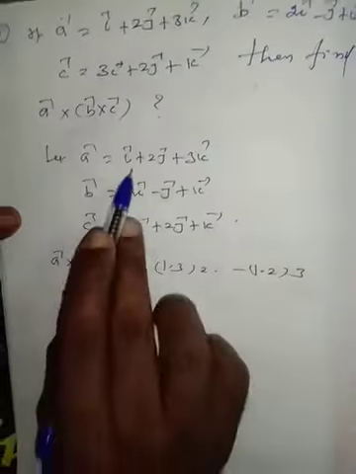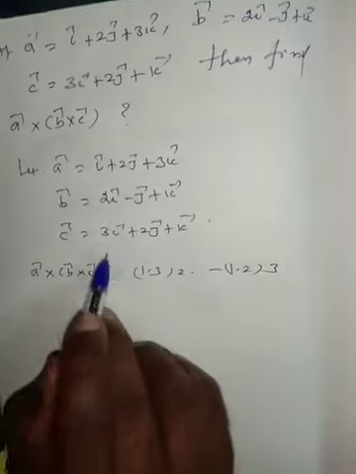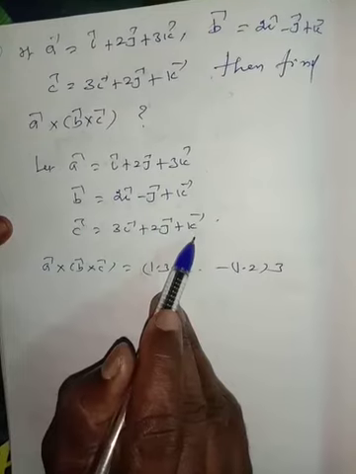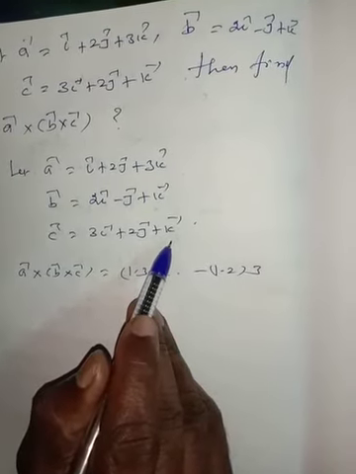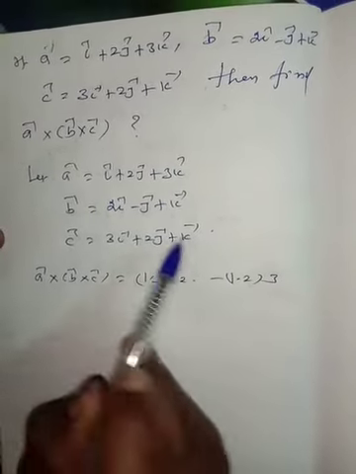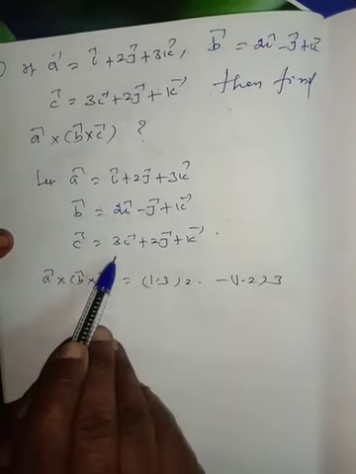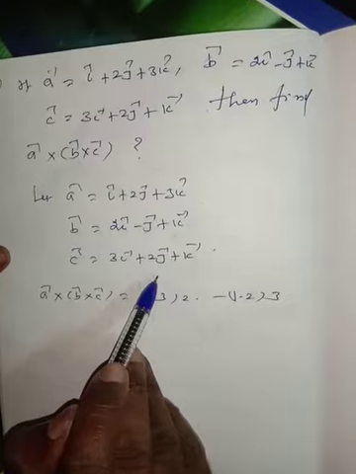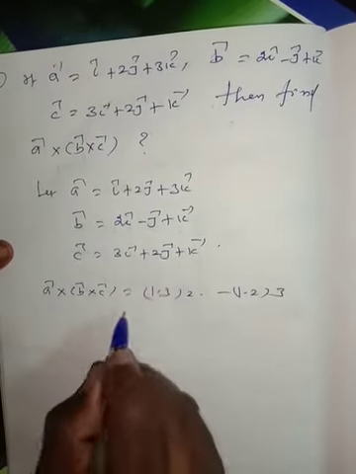In this case A vector dot C vector. A dot C is 3 plus 4 is 7, 7 plus 3 is 10.